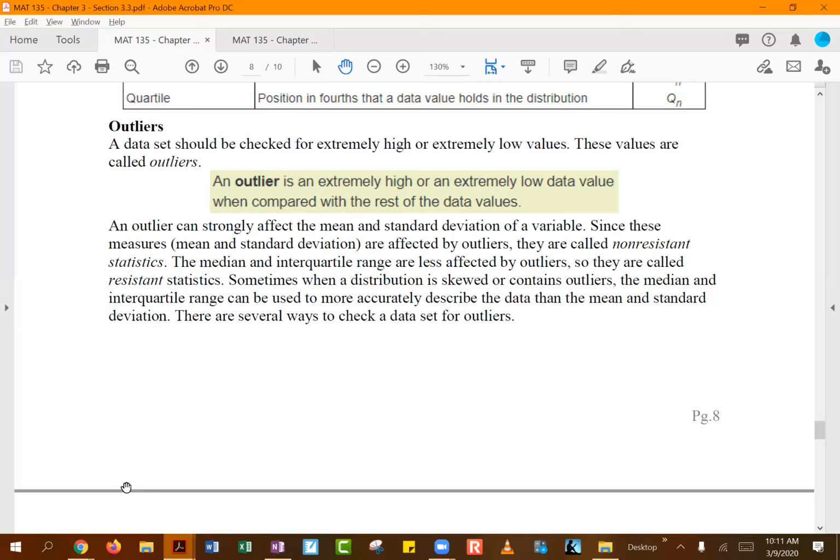The interquartile range goes from quartile 1 to quartile 3, which are again median calculations for those parts of your data set. Since it's not taking into consideration the lowest or the highest values, you're not going to see an outlier making a big change on your measure of central tendency and your measure of dispersion. That's why those are called resistant, because they resist those outliers. So the median and interquartile range are resistant statistics, and your mean and standard deviation are non-resistant.